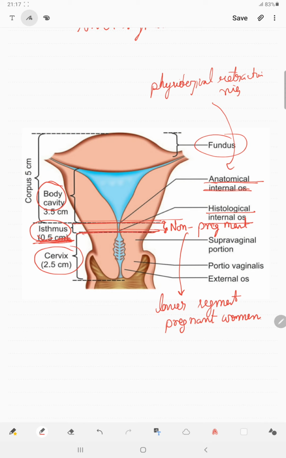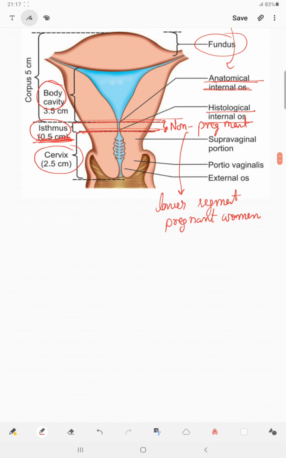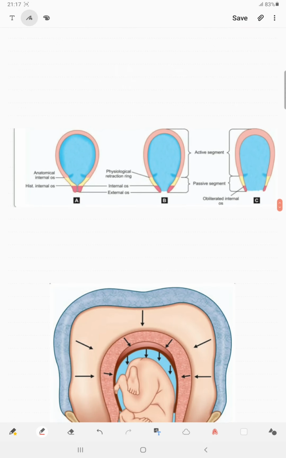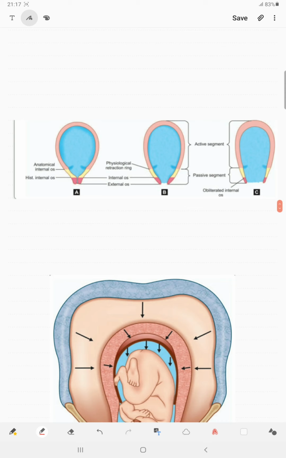Okay, fibromuscular junction. So this will convert into what? This will convert into the lower segment. So if we move on and see this in the pregnant woman, look at this area. This was the anatomical internal os which had converted into the physiological retraction ring, and this was the histological internal os that has converted into my fibromuscular area. And what do I call this? I call it the lower segment of the uterus, right?